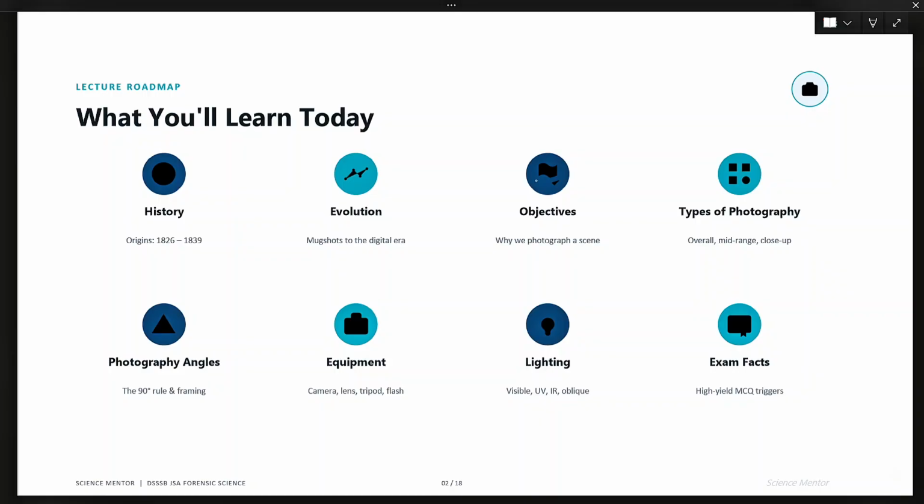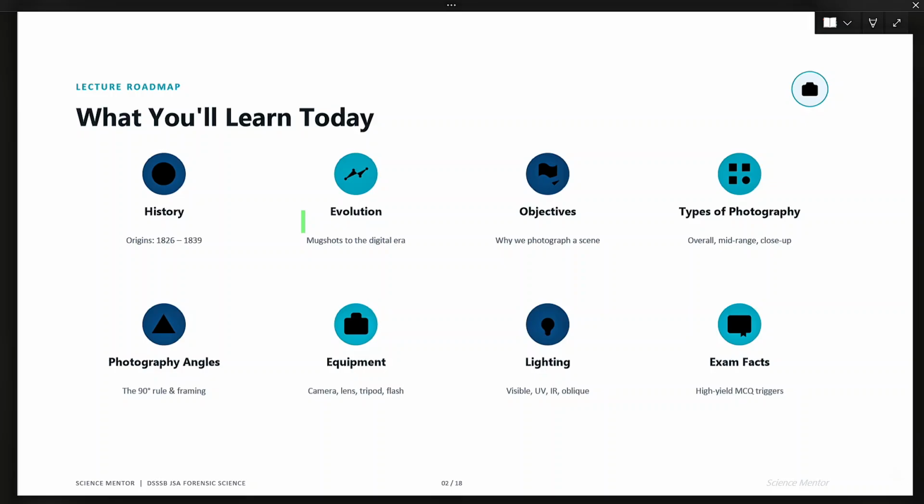Whenever I teach a new topic, I would like to give a roadmap first. The reason is simple: if you know where the lecture is going, it becomes much easier to connect with every concept. Today's lecture is designed exactly like a real forensic investigation. We will not randomly study topics; we will move step by step, just as a forensic expert would work at the crime scene.